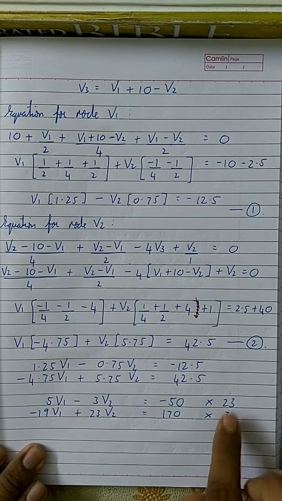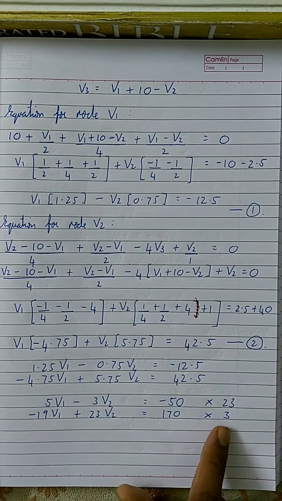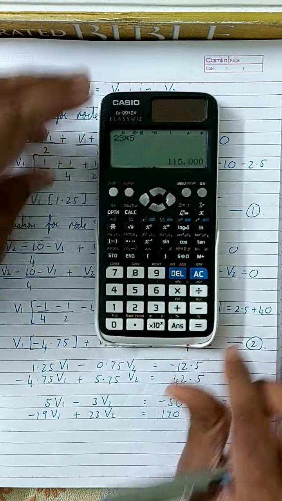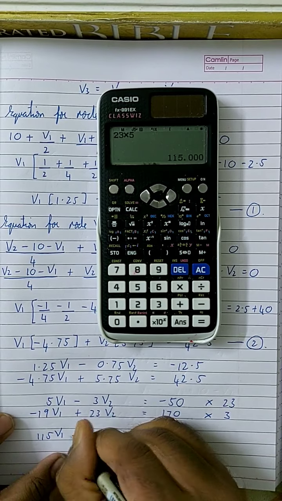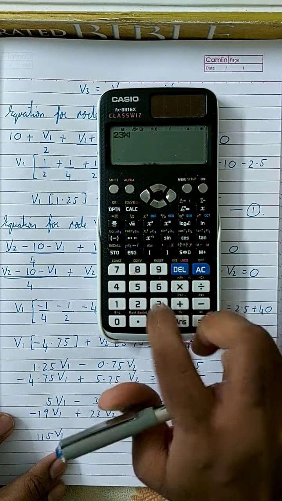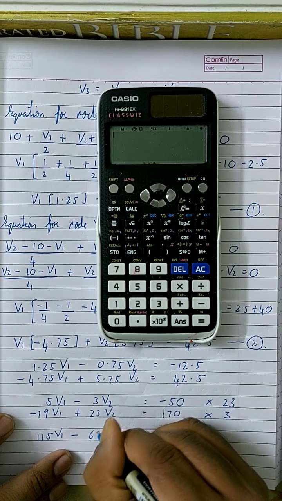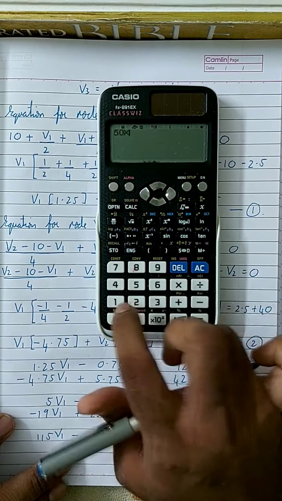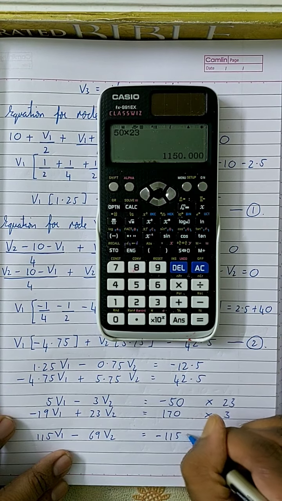Okay, so if I multiply this by 23, these two will cancel each other, right? What is 23 into 5? 115. So this is 115v1 minus 23 into 3 is 69, minus 69v2 is equal to 23 into 50, which is 1150, minus 1150.